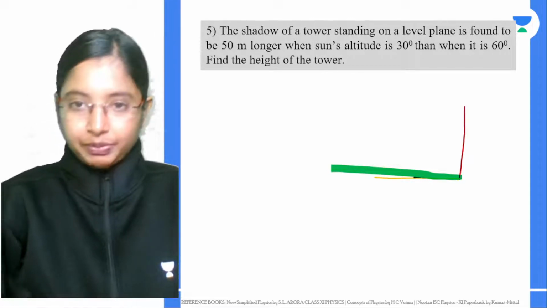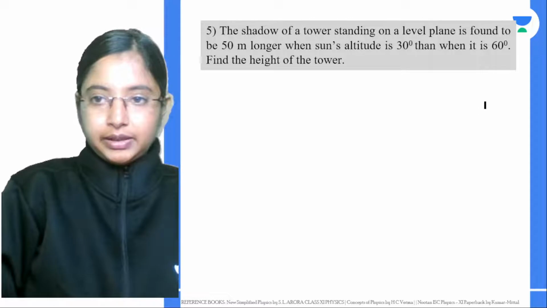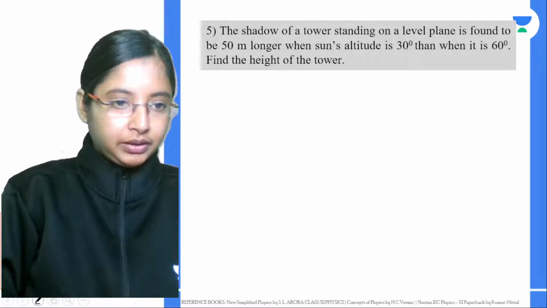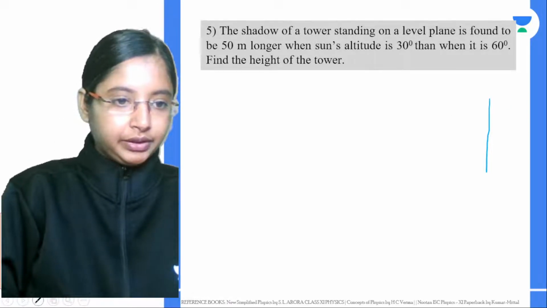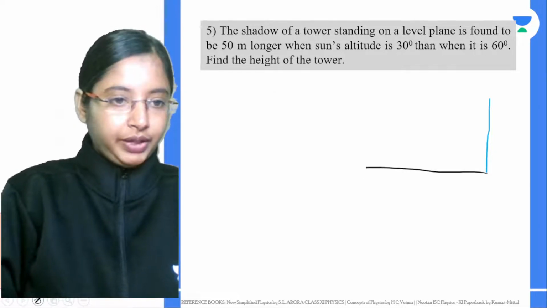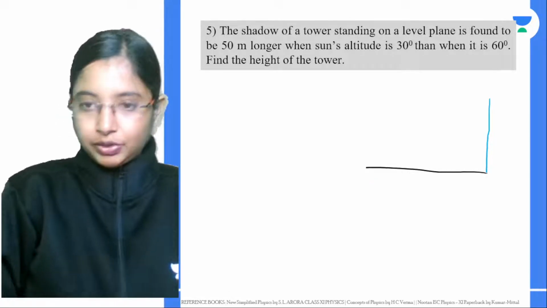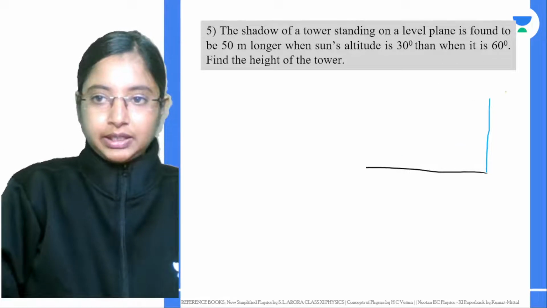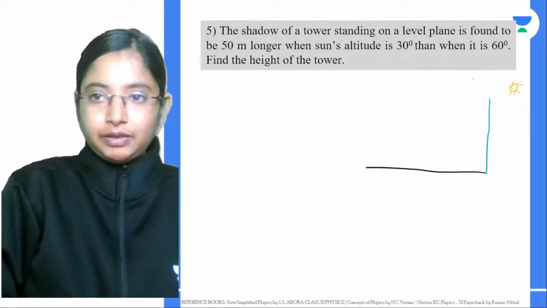Okay, so here what happens? Let's try to do this. There is a tower, and let's say the sun was somewhere down here. This is the level plane. When the sun was at 60-degree altitude, let's say the sun was somewhere over here.